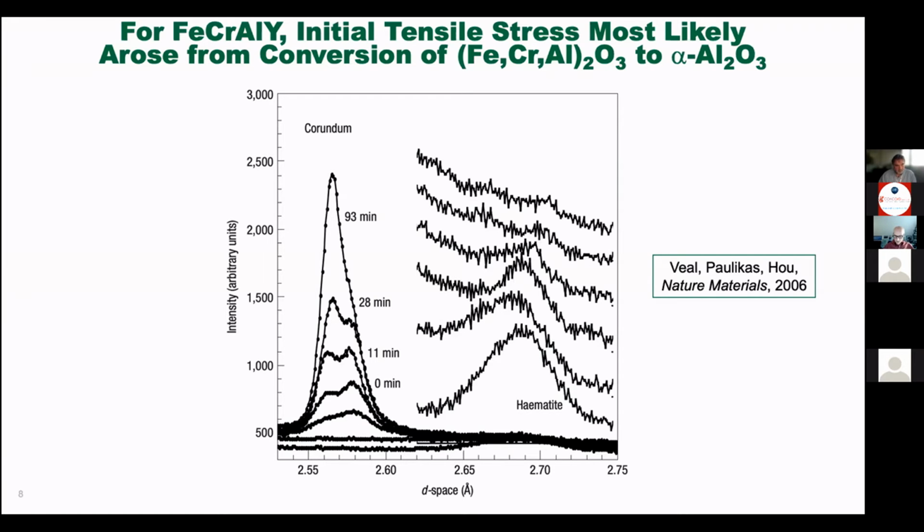And they very clearly showed this in this Nature Materials article. And I was happy to see that, because we weren't able to figure this out. We thought, for some of our other alloys, maybe it was due to the conversion of theta on the nickel aluminide, but couldn't clearly see this as they did, where they showed the hematite decreasing with time as the alpha alumina peak increased.